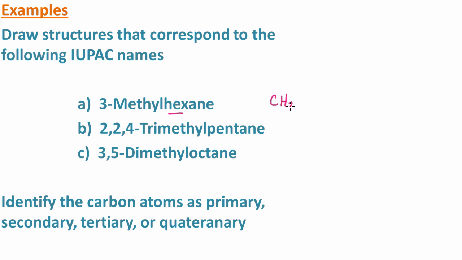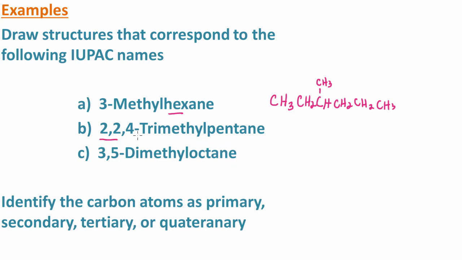I'm just going to do condensed structures here. It's on carbon number 3 that I have my methyl group. So what we have is 1, 2, 3, 4, 5, 6. We have the hexane and a methyl group on carbon number 3.